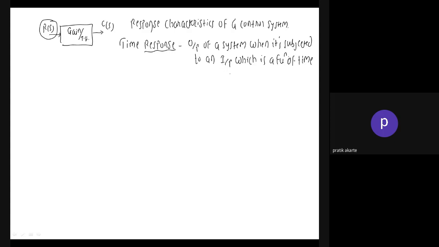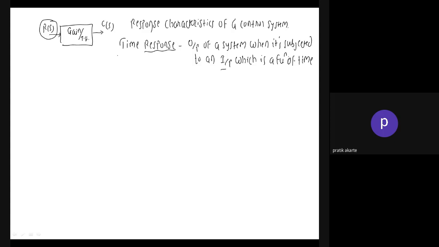Then the input is such that it is a function of time. Now, when this function of time input is given to a system, whatever response or output we get, that is called time response.